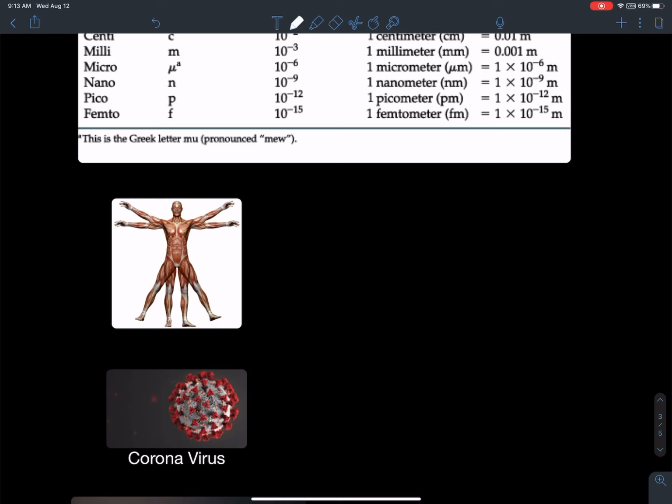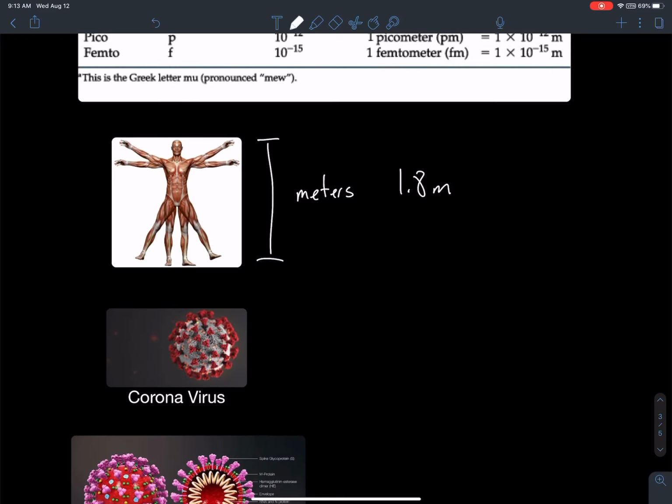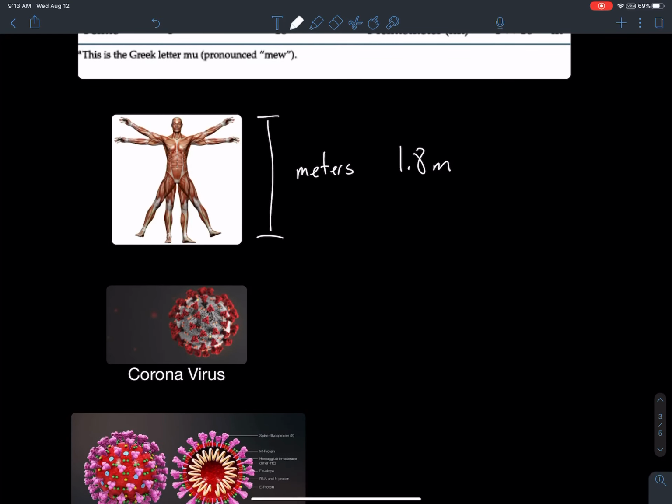The scale of the human is in meters, and would roughly be around 1.8 meters, let's say. The scale of the coronavirus, our big bad guy. How many meters do you think a coronavirus would be? Well, the coronavirus is 120 nanometers.